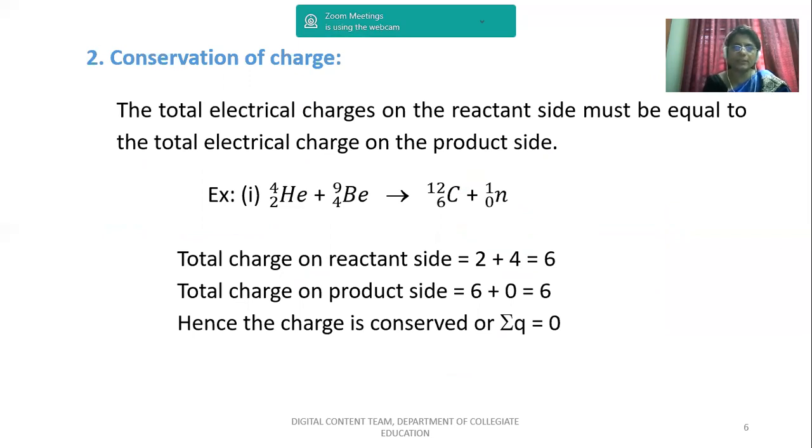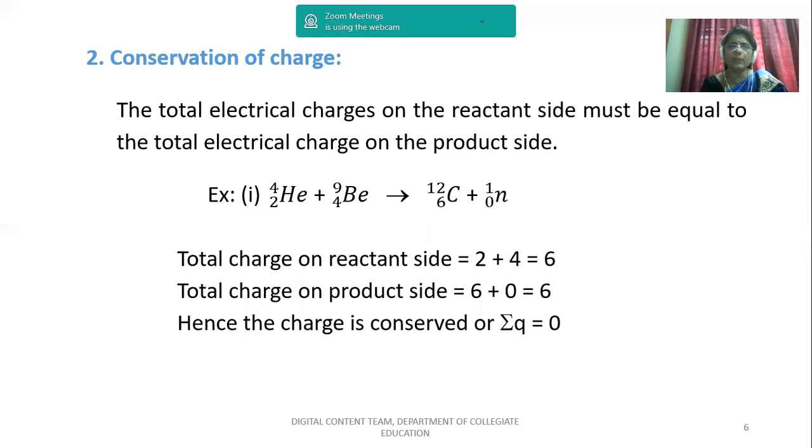So consider the example of a nuclear reaction between beryllium and helium, here beryllium associated with mass number 9 and atomic number 4, and helium having mass 4 and atomic number 2. Due to their interactions, they form the product elements: carbon, a stable product nucleus with mass 12 and atomic number 6, along with the neutron whose mass number is 1 and atomic number is 0.